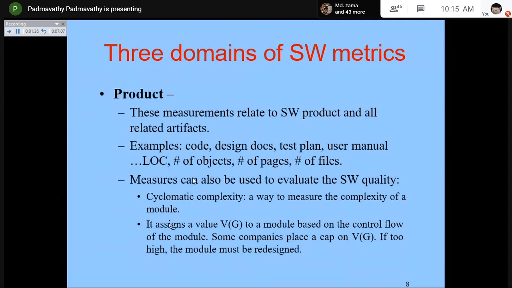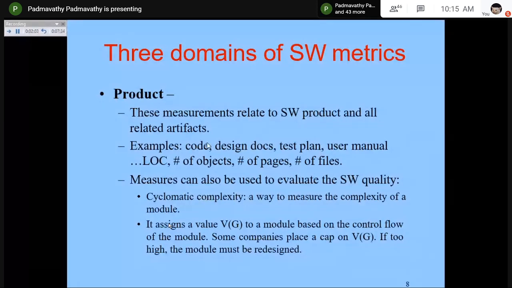Then user manuals. So the code, design, test plan, user manual, lines of code, number of pages, number of objects, entities that you use in your project, number of files that you have saved for the project, all these become product measures. Measures can also be used to evaluate the software quality.